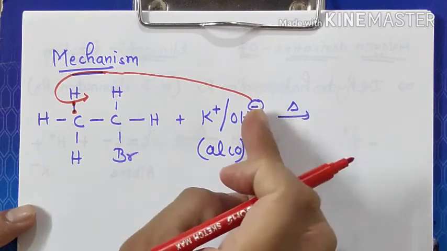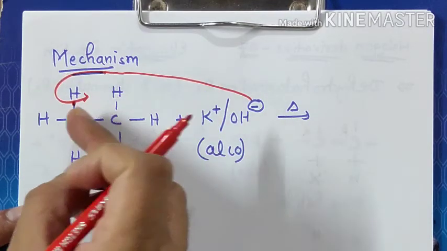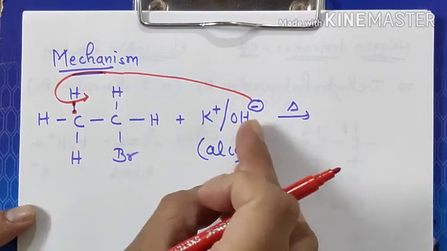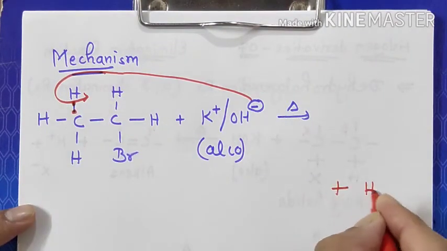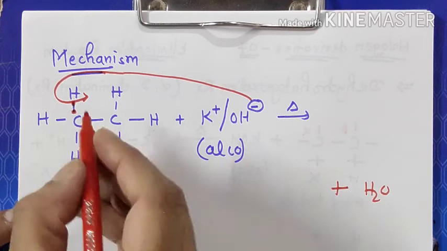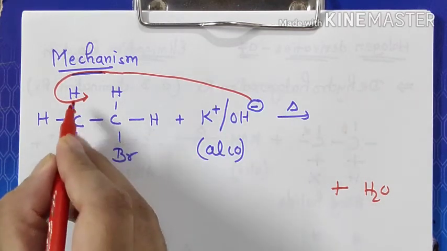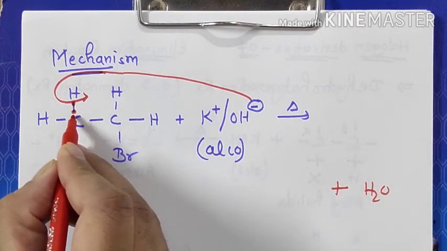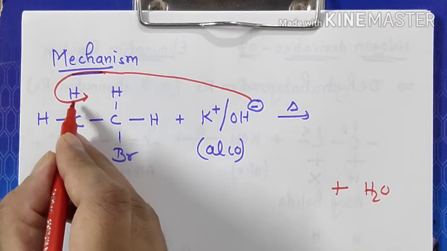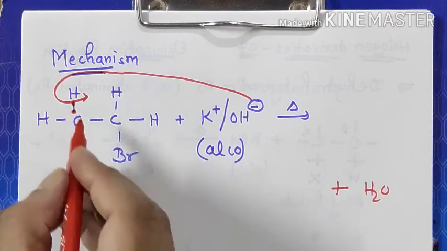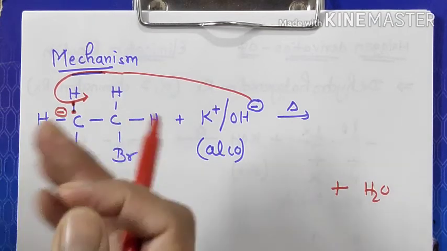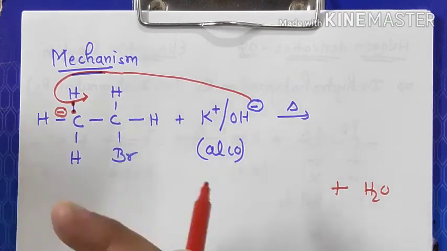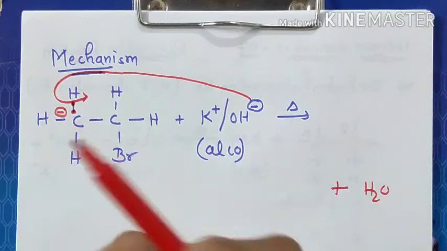So when OH comes and gives its electron, hydrogen gives its electron to carbon, and OH combines with H to form H2O. So water is formed. Now understand, how many electrons are left with this carbon? One of its own, and this one is the electron of hydrogen. As a result, this carbon will acquire a negative charge because it has got one electron from outside.